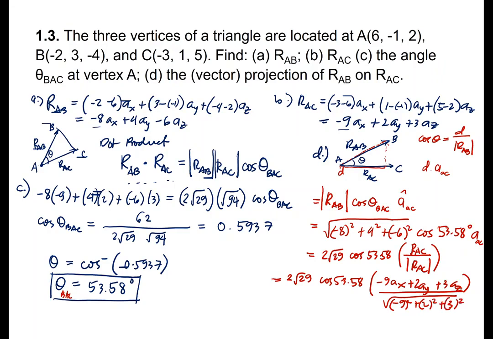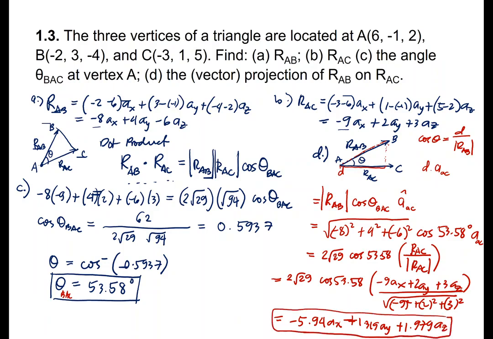Then you solve that using your calculator, and you will get negative 5.94 AX plus 1.319 AY plus 1.979 AZ, which is the correct answer for D. So that's the vector projection of RAB on RAC.